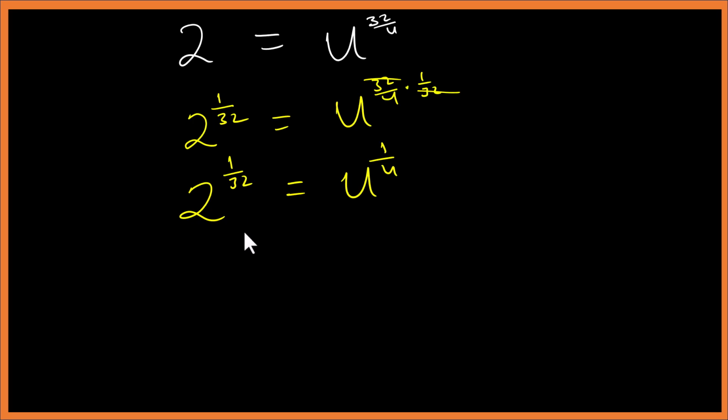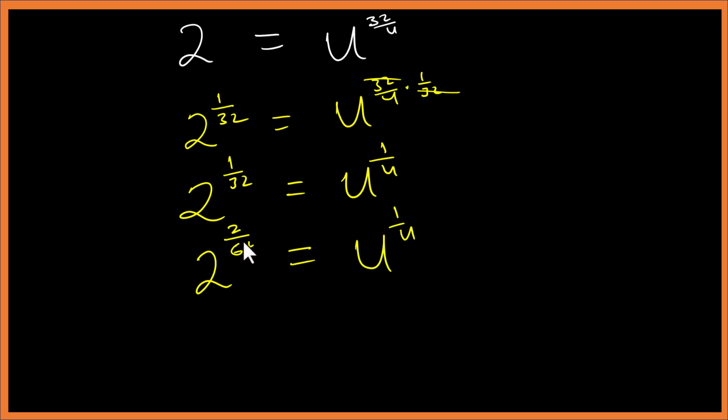Now what we are going to do here is to adjust this in such a way that we get the base and the fraction looking like this. So what I'll do here is to multiply this side by 2. So that will be 2 on 64, that will be u raised to 1 on u.